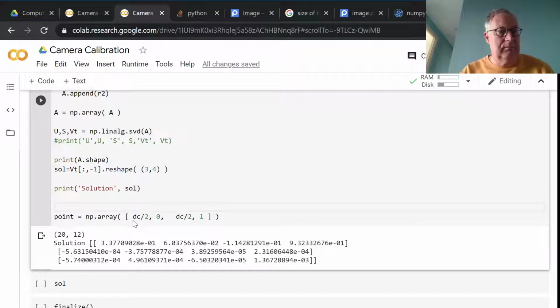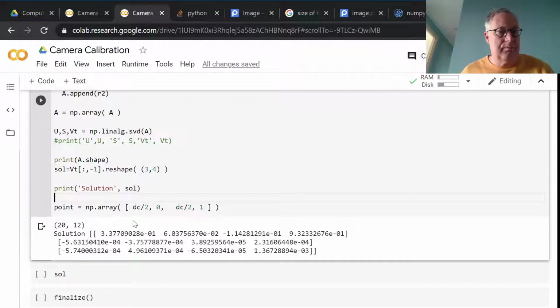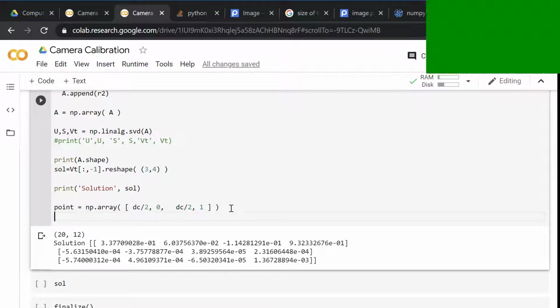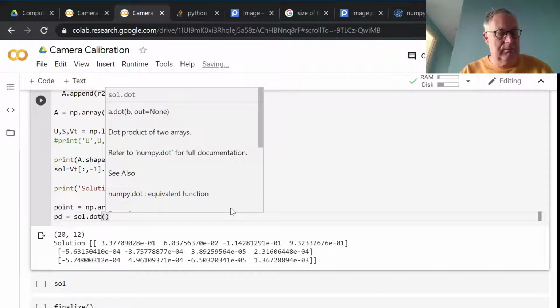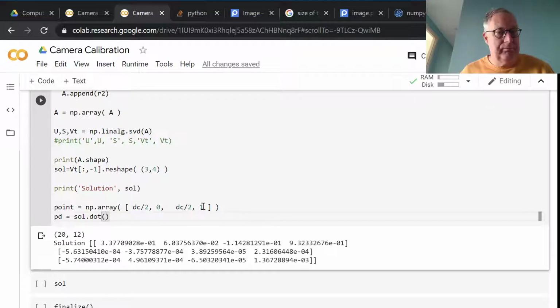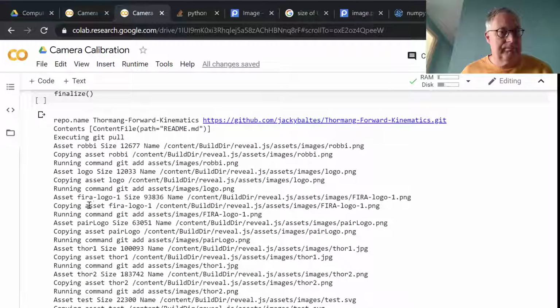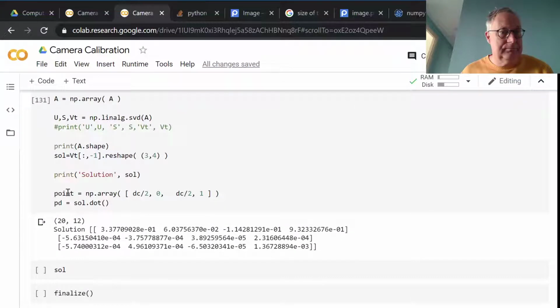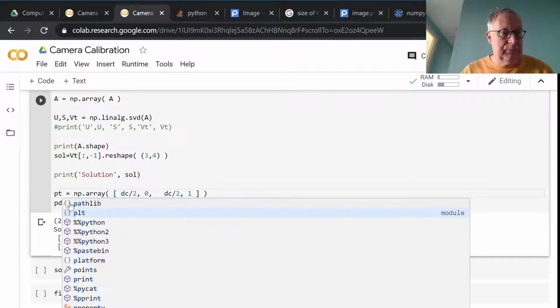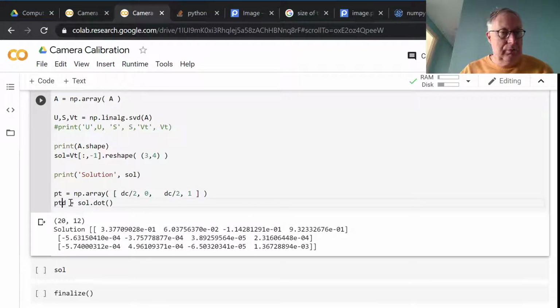And then let's calculate the P dash, which will be solution dot point, point dash.